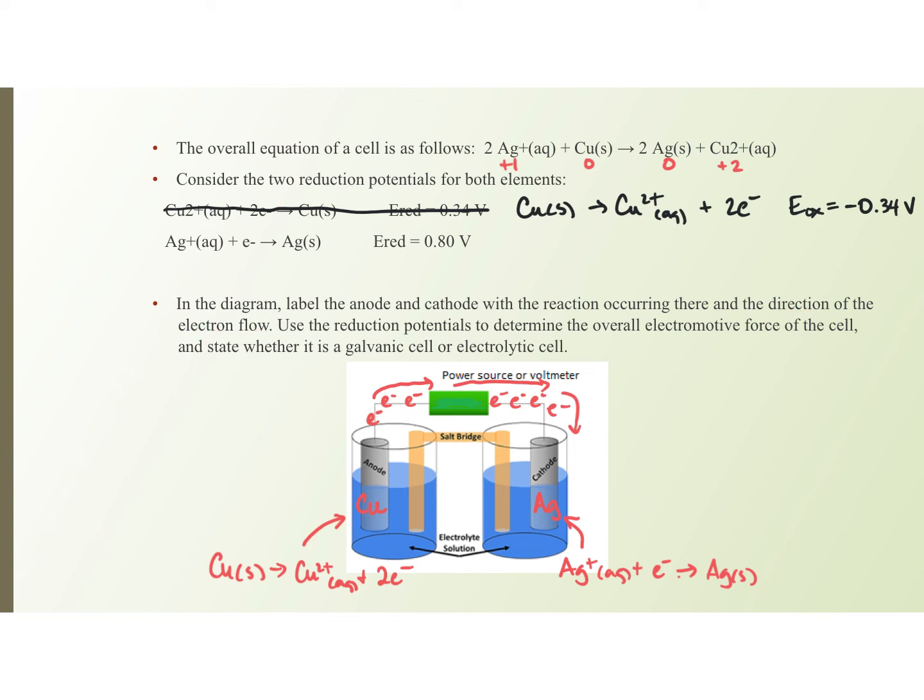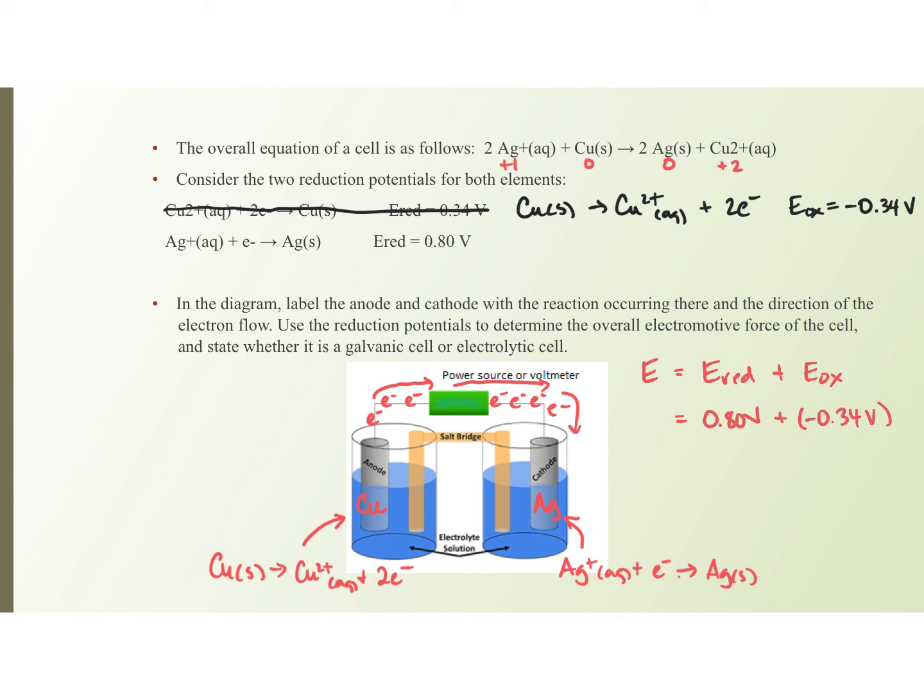The last thing we need to do is determine the overall electromotive force of the cell. As we stated earlier, the electromotive force equals the reduction potential plus the oxidation potential. The reduction potential is 0.80 volts, plus the oxidation potential of negative 0.34 volts.